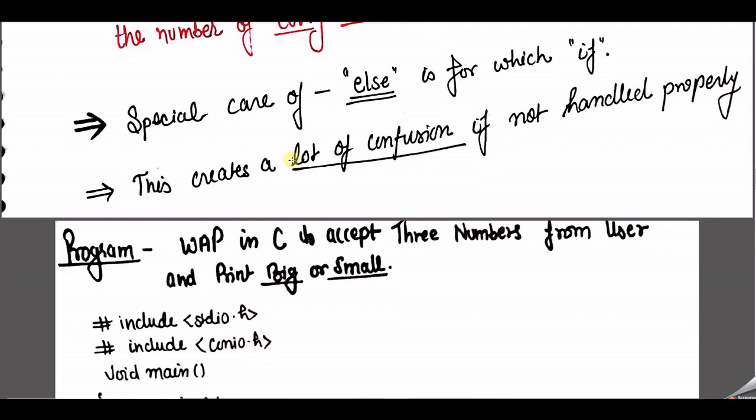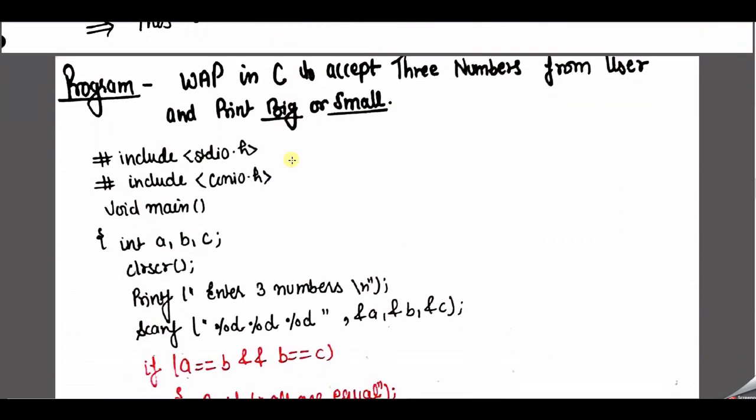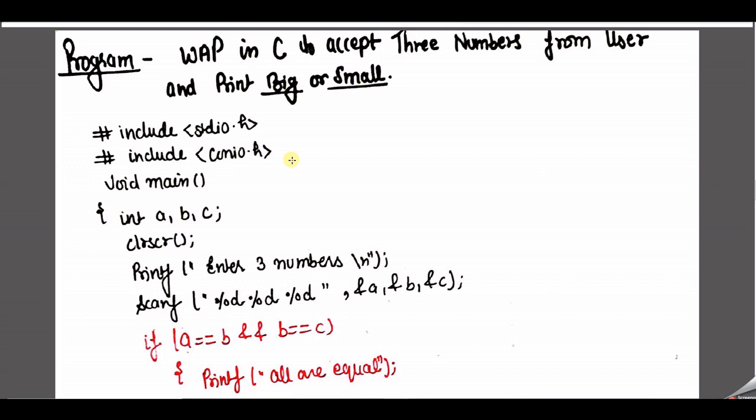Okay, so here is a task I have taken: write a program in C to accept three numbers from the user and print which number is the biggest and which number is the smallest. That means print the bigger or smaller number.